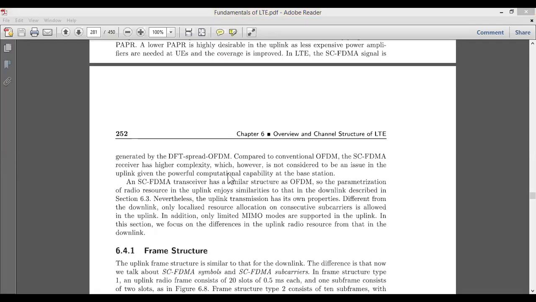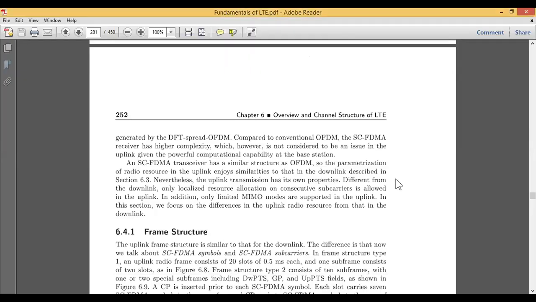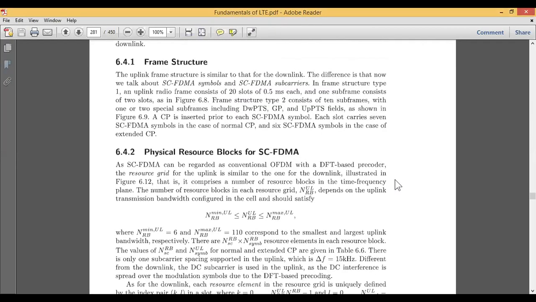A similar structure has been designed for this type of multiple access, where the uplink channel has almost similar frequencies, characteristics and features as compared to the downlink. So we will see how this structure of LTE can be used in terms of FDMA.